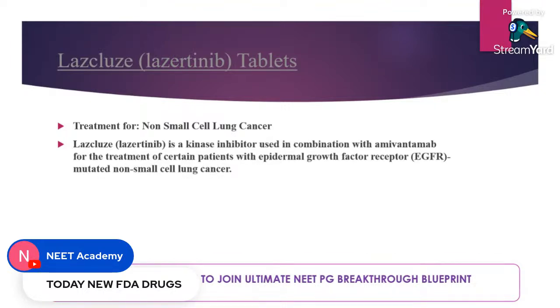It is a kinase inhibitor used in combination with amivantamab for the treatment of certain patients with epidermal growth factor receptor mutated non-small cell lung cancer.